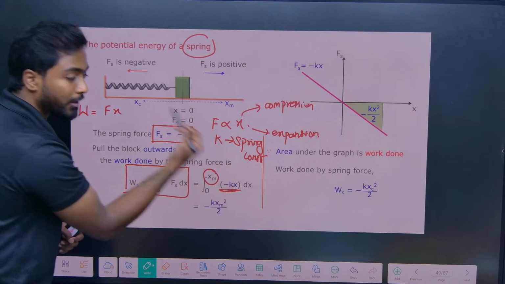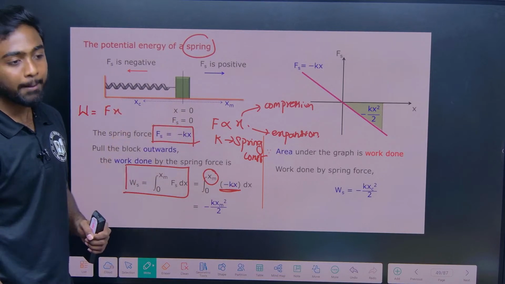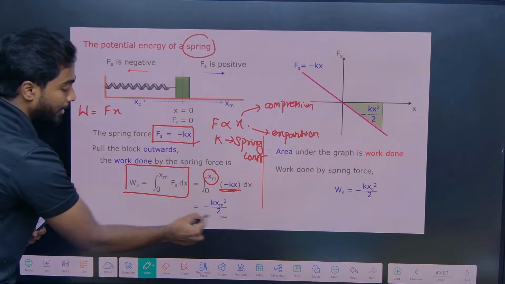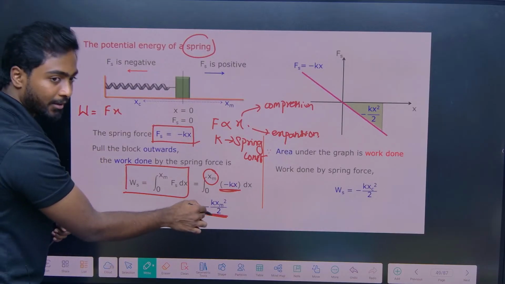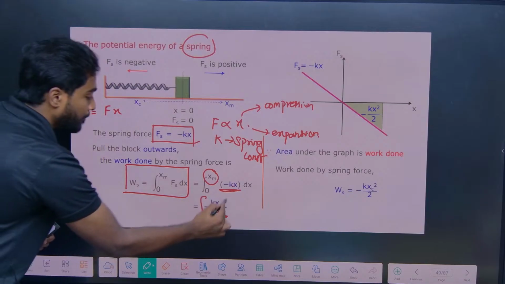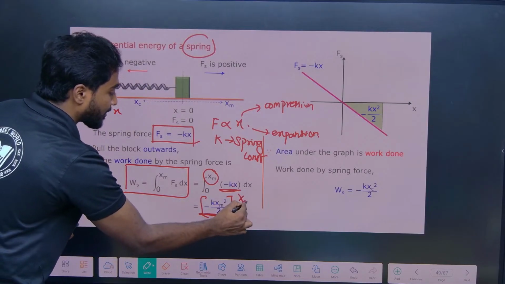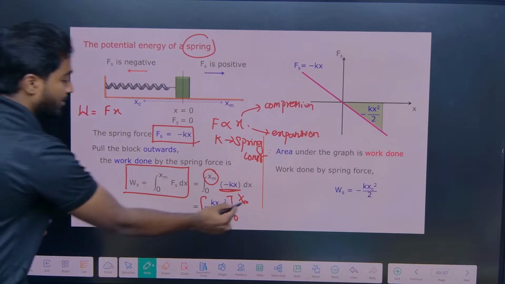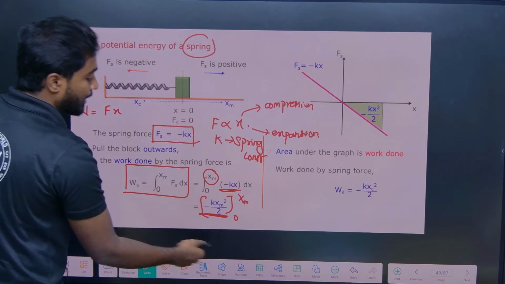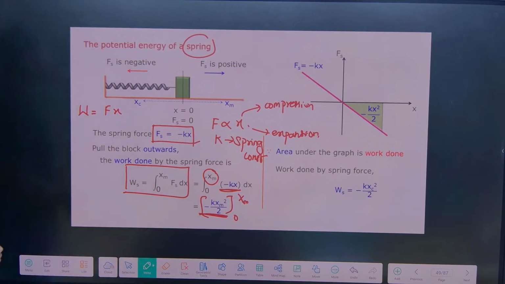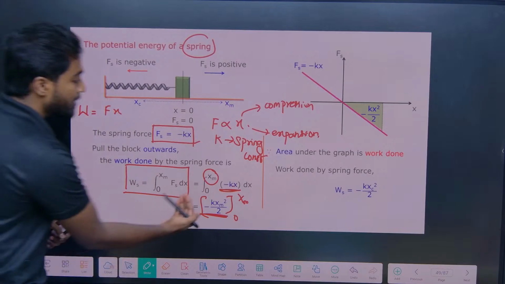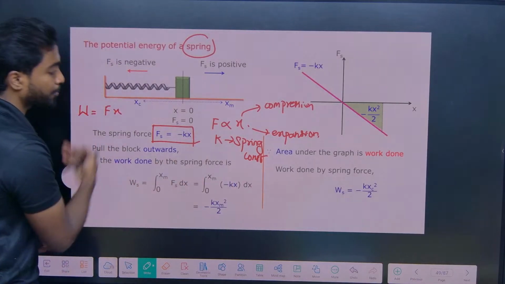If I integrate x, it becomes x square by 2. So the final is -k x square by 2 from 0 to xm. Substituting the value, it becomes -k xm square by 2. This is the work done by the spring.